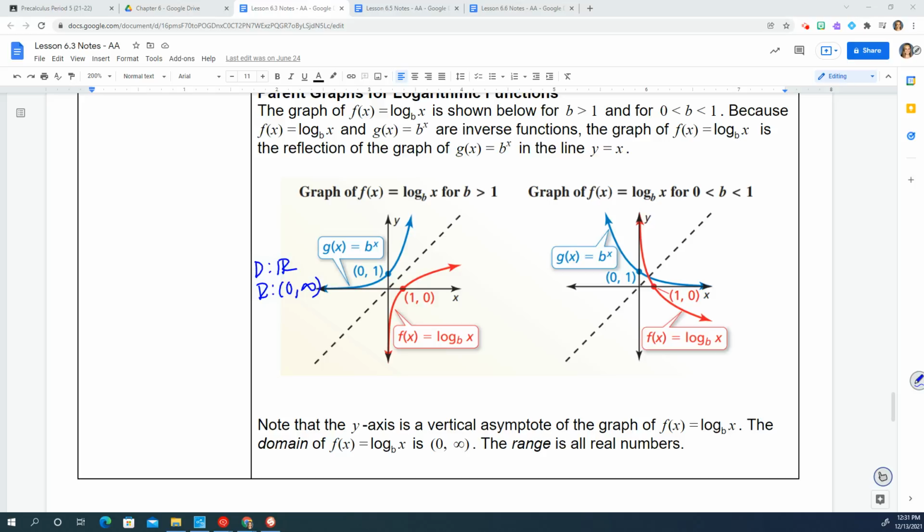Since these are inverses of each other, all their x values and y values flip-flop, and that's why when you find an inverse, you switch the x and y; you're flip-flopping the domain and range. So that's what this is saying here. Now the domain for logs is just positives, and the range is all reals.